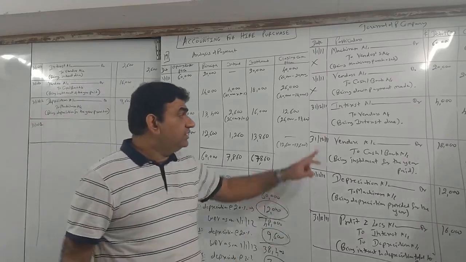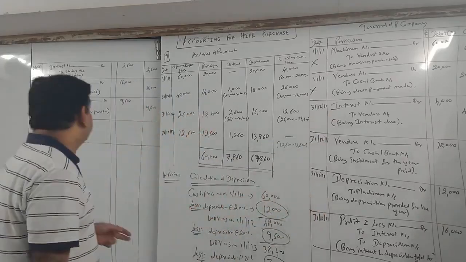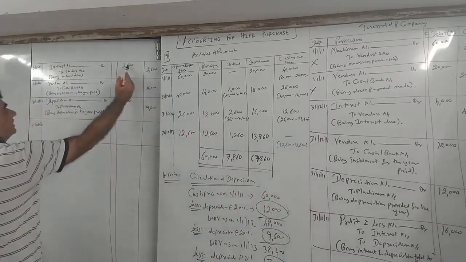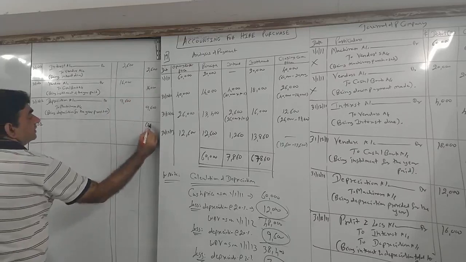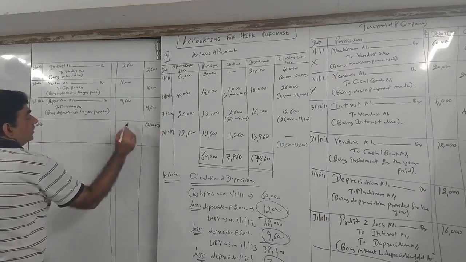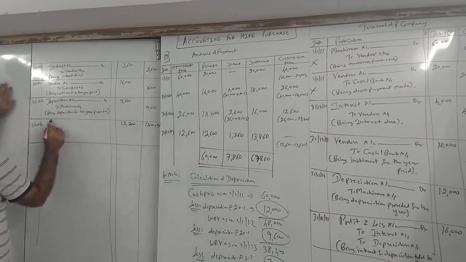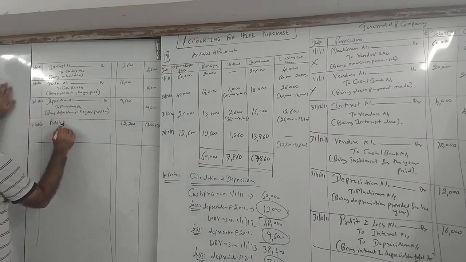And then what you have to do? Interest and depreciation transfer to P&L. 2,600 of interest, 9,600 of depreciation. So 9 and 2, 11, 12,200 I will transfer to P&L.